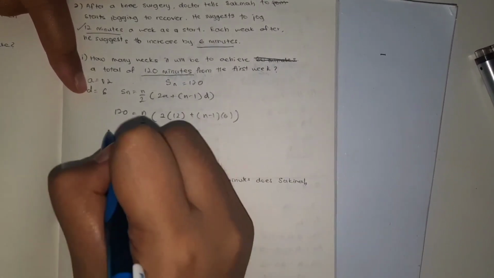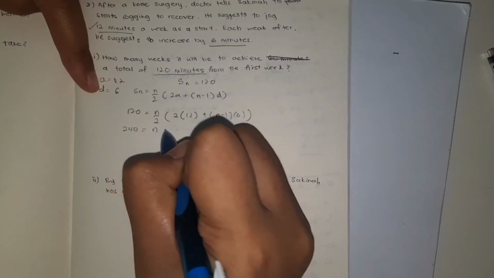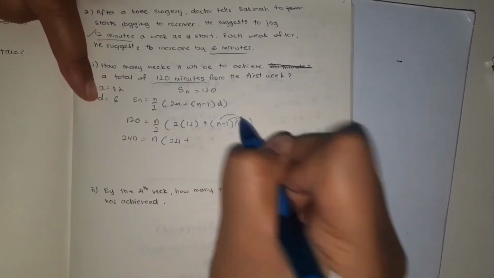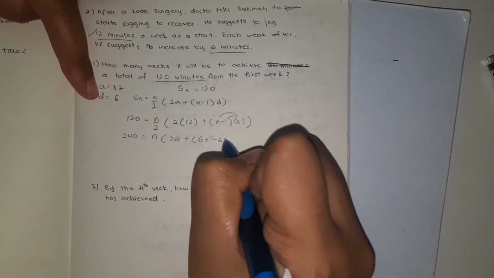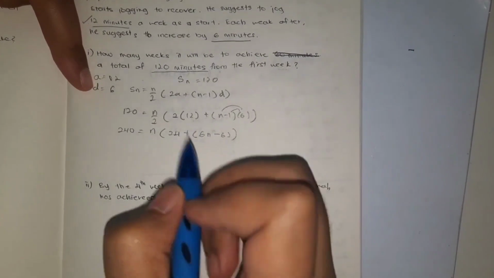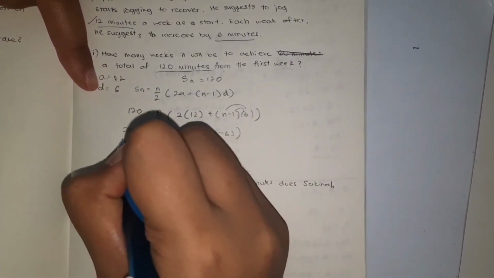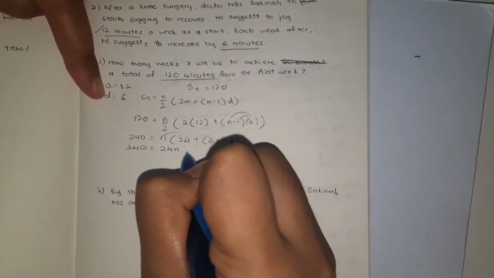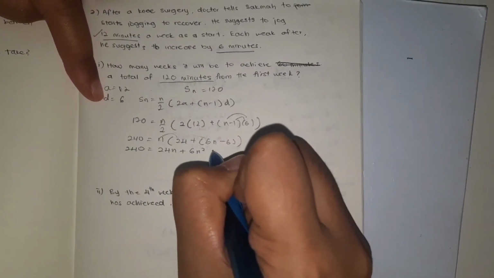So we cancel the 2 to become 240 equals n times 24 plus, we expand this to become 6n minus 6. So we expand the n. 240 equals 24n plus 6n squared minus 6n.